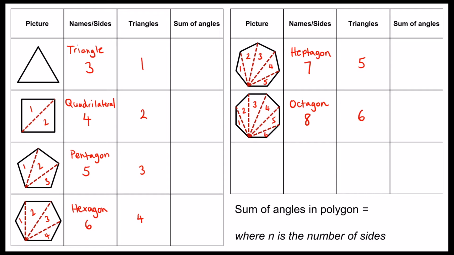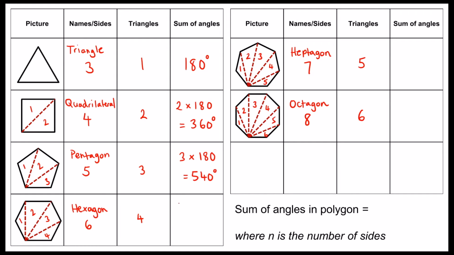So, I have my triangle, which is one triangle, and therefore 180 degrees. My quadrilateral I know is two triangles, that's two lots of 180, which is 360 degrees. My pentagon is three lots of 180 degrees because there's three triangles, that is 540 degrees.